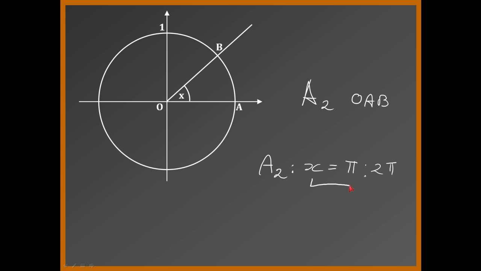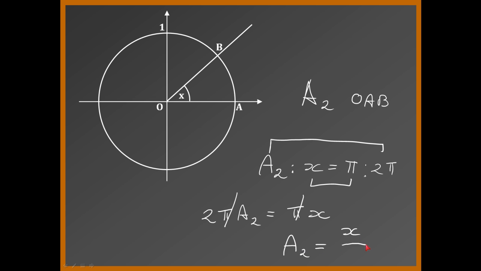By cross-multiplying the factors of this proportion, we obtain that 2 pi A2 equals pi x. This means that A2 equals x over 2.